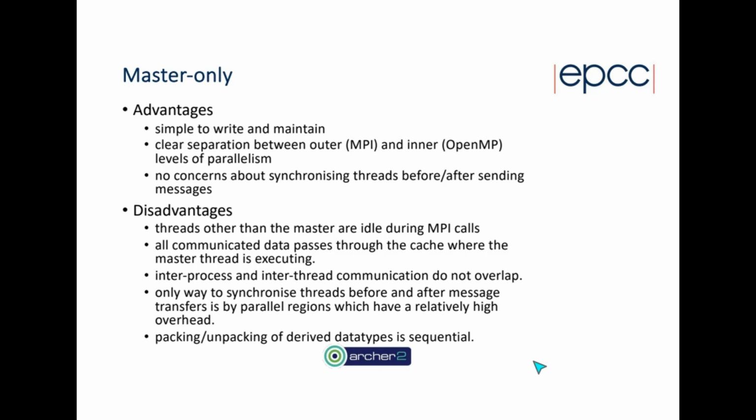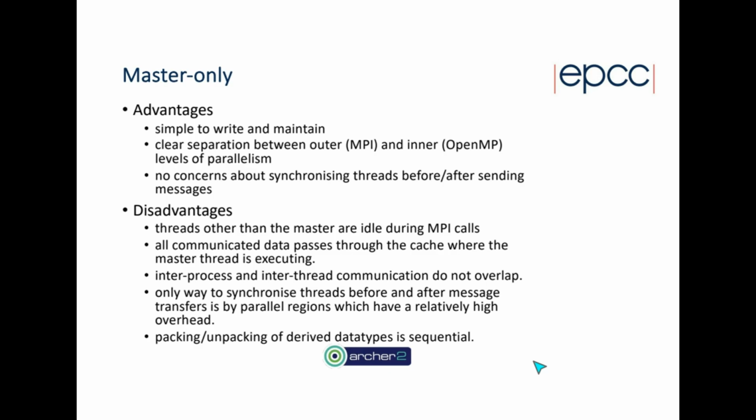So what are the advantages and disadvantages of these 4 different styles? For master only, the big advantage is that it's relatively simple to write and maintain. You have a very clear separation between the outer and inner levels of parallelism, between the MPI parallelism and the OpenMP parallelism, and they don't interact with each other.